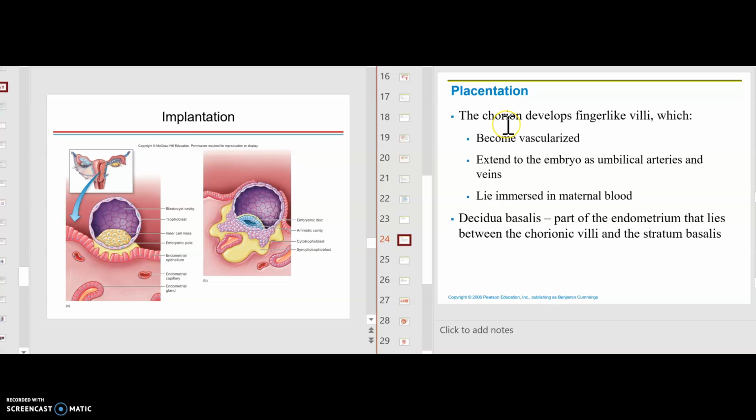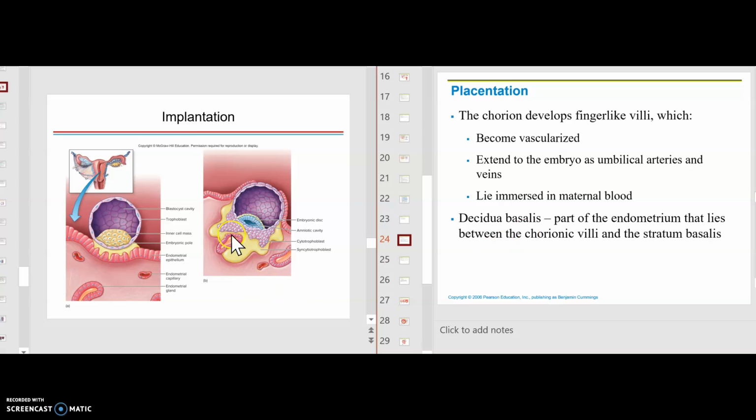The chorion, remember the chorion, that's this material here. The chorion becomes vascularized. It extends to the embryo as umbilical arteries and veins and lies immersed in maternal blood.